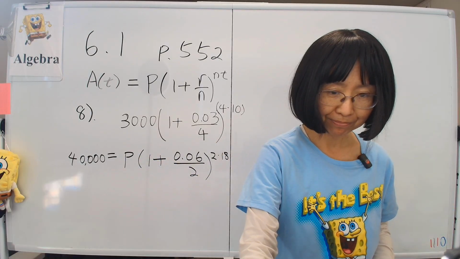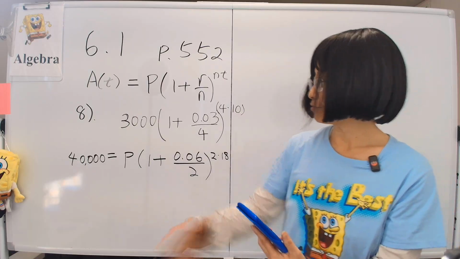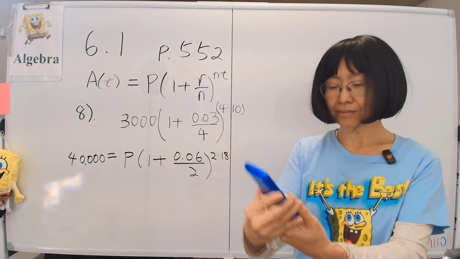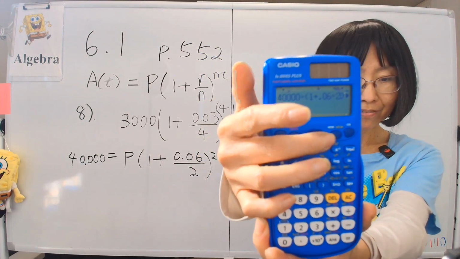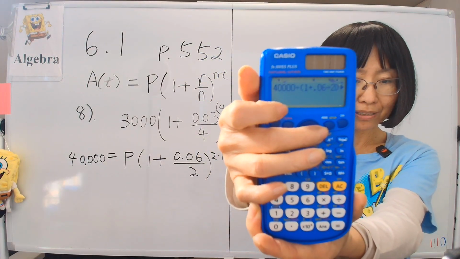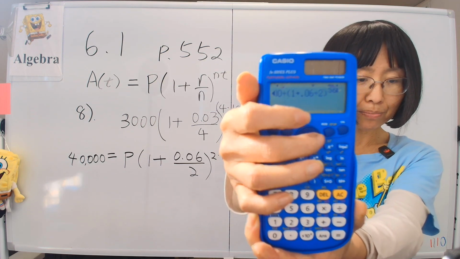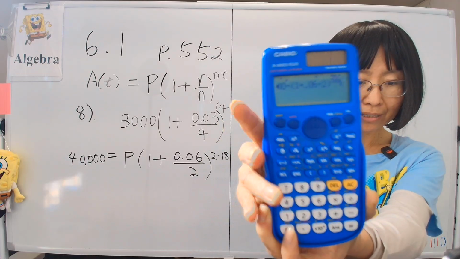All right. Okay, so I typed it into the calculator. So we have 40,000 divided by everything here after P. I have here 40,000 divided by 1 plus 0.06 divided by 2, that's just 0.03, of course, raised to the power 2 times 18, which is 36. All right, that should do it.